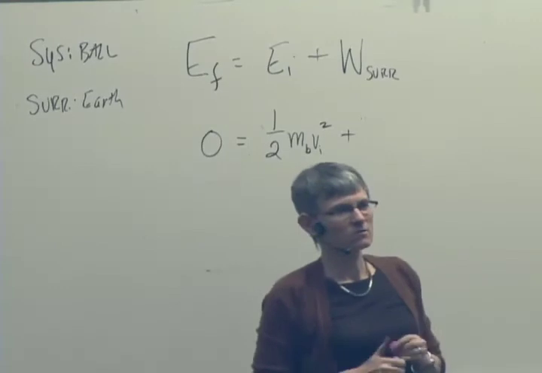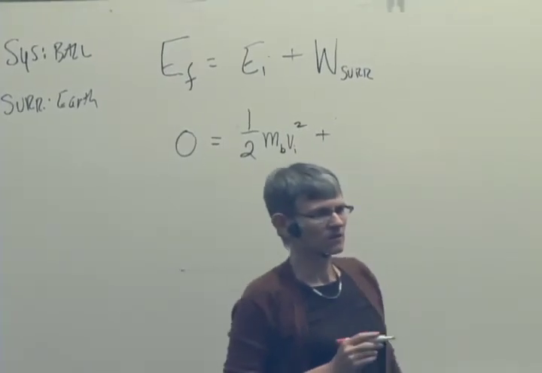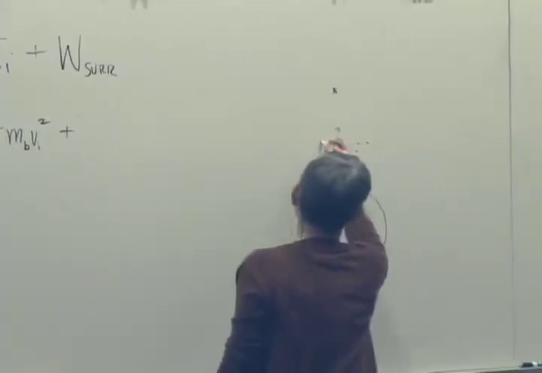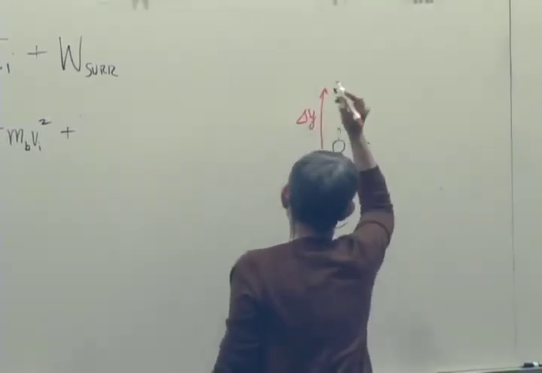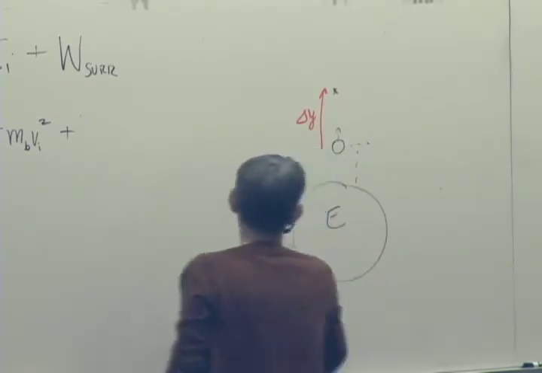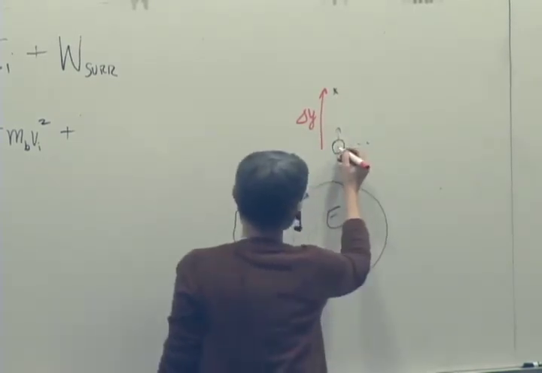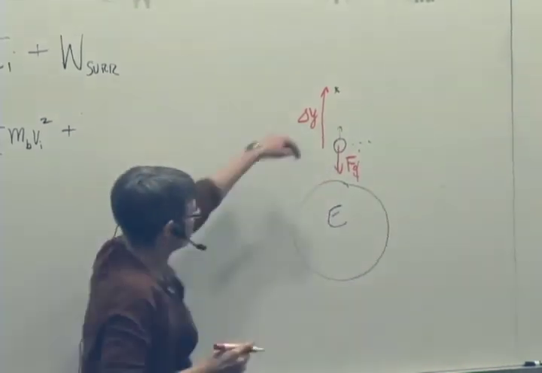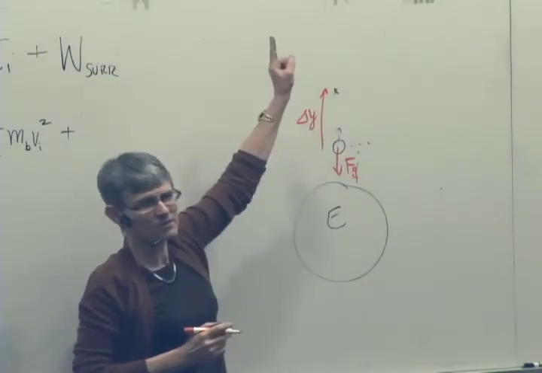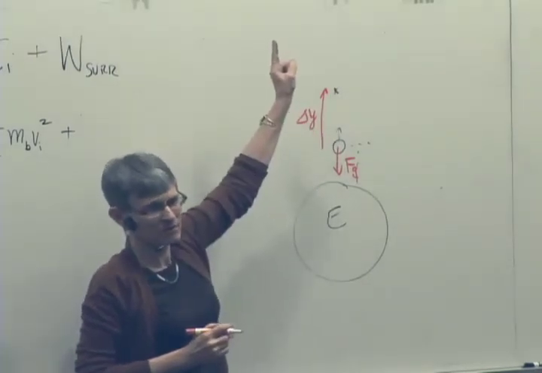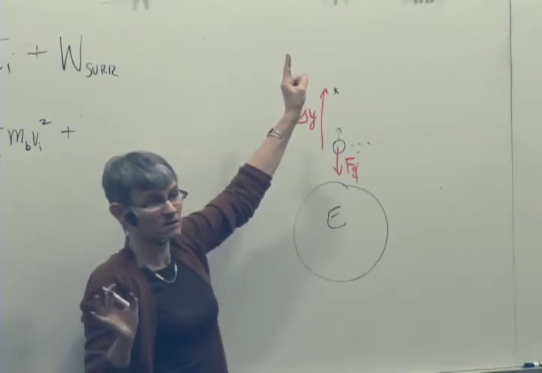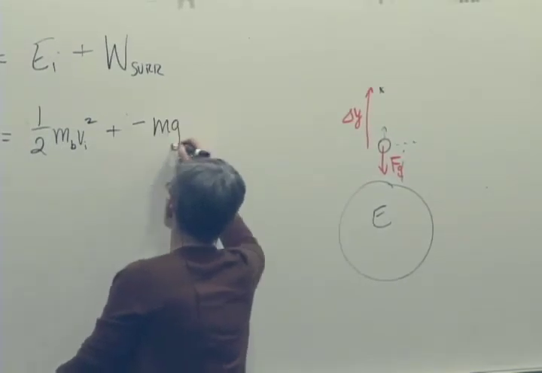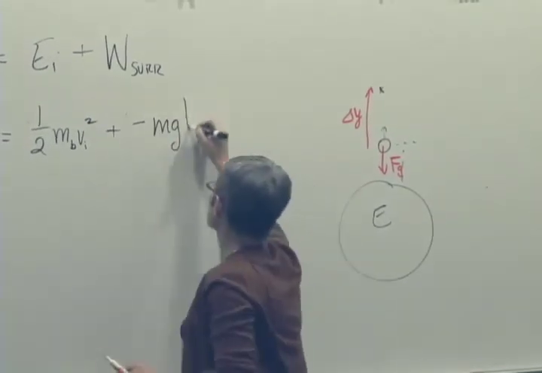And what is the work done by the Earth? Okay, let's make sure we're right. So this is delta y. And the force by the Earth is down. The force exerted by the Earth is opposite to the displacement, which means that it's going to be doing negative work, isn't it? So we've got a negative mg, and what did it move? A distance h.